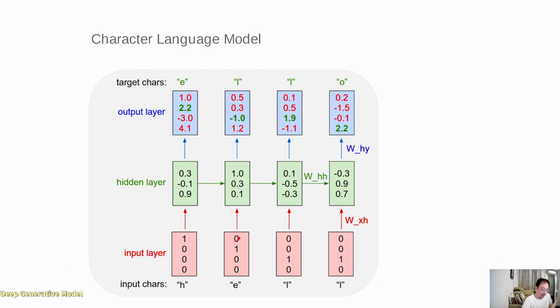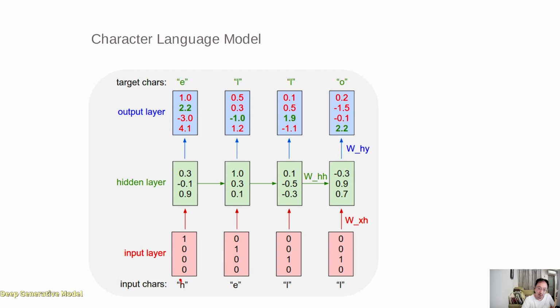Another kind of immediate application is language generation. We consider a character language model. In contrast with the word language model or token language model, like ChatGPT or more modern models, it only considers letters, characters, only alphabets.